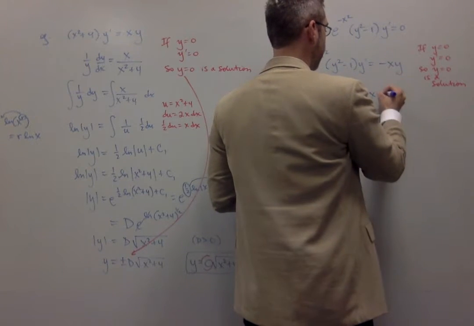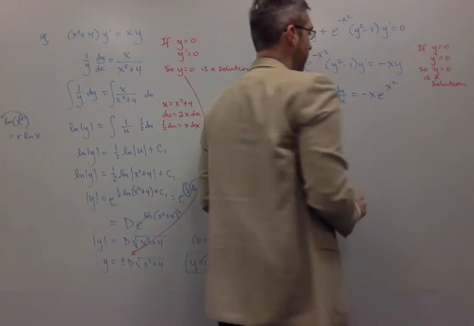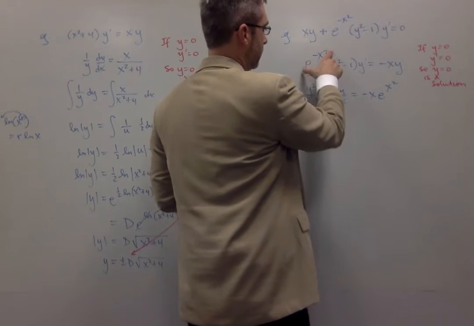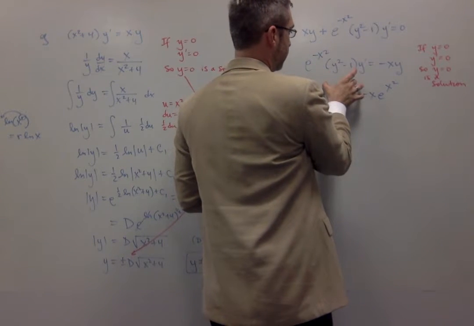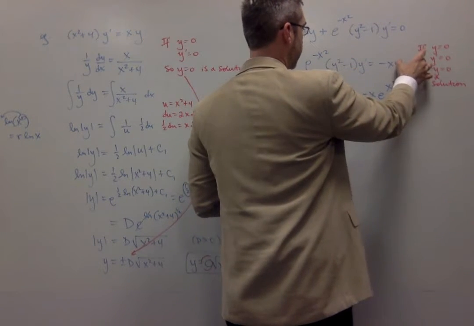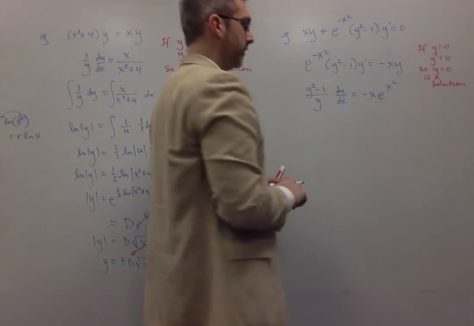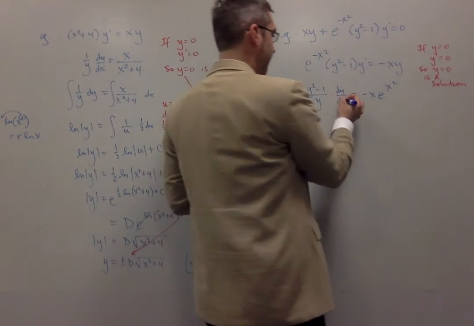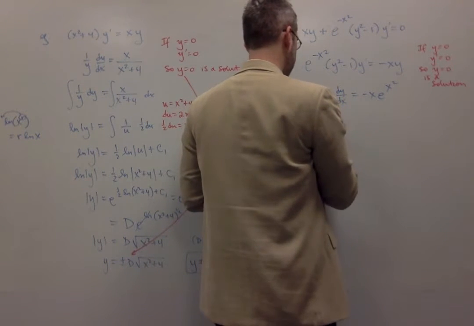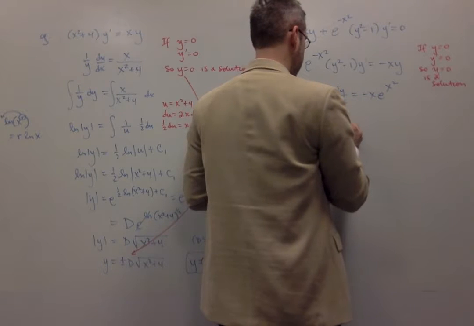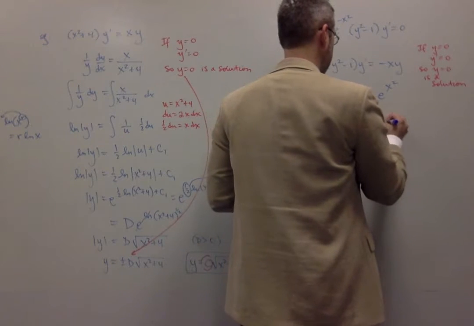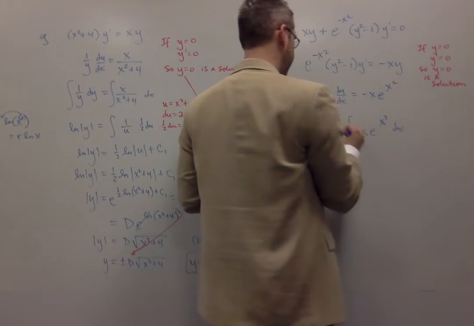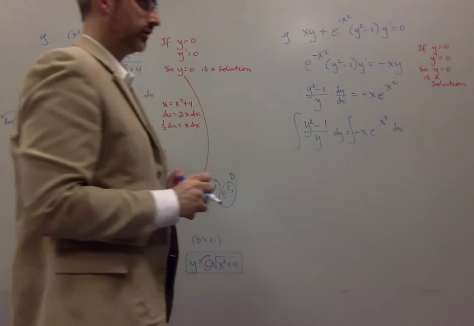That negative x stays there, but I've got e to the x squared sitting there because I brought this down to the bottom, made it e to the x squared, and then moved it over, basically cross multiplied. Okay. So now if I move that dx to the other side, then this is in fact separable.